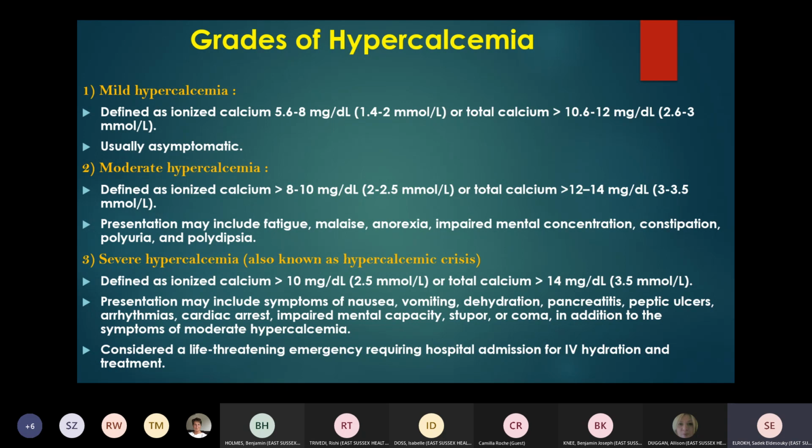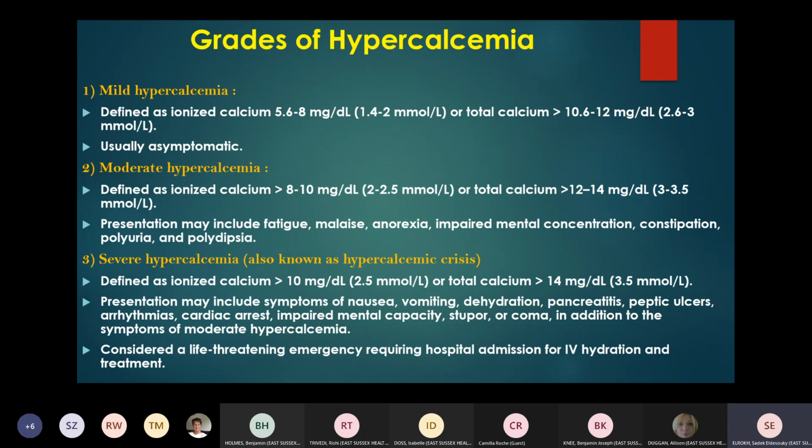Such cases may present with serious manifestations, like arrhythmia, altered conscious level, coma, pancreatitis, peptic ulcer disease, in addition to symptoms of moderate hypercalcemia, including nausea, vomiting, polyuria, polydipsia, increased thirst and dryness. Severe hypercalcemia is a life-threatening condition. That's why such patients need immediate admission and immediate treatment that we are going to discuss later.